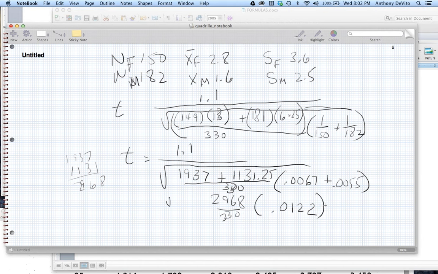I'm not looking at the guys online because they criticize me and keep telling me I'm wrong. 2968 divided by 330 times 0.0122 equals, I get the value 0.11. So 0.11 into 1.1 is 10, a t-score of 10.